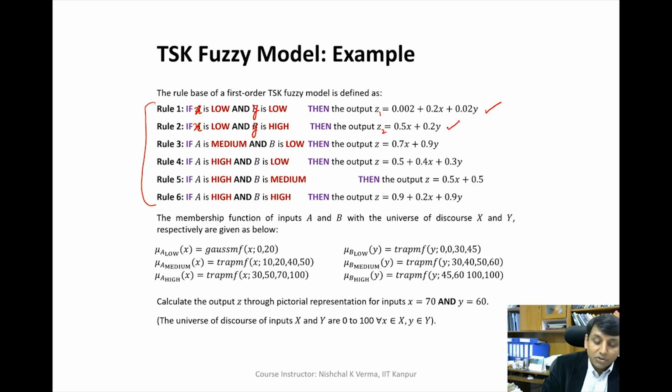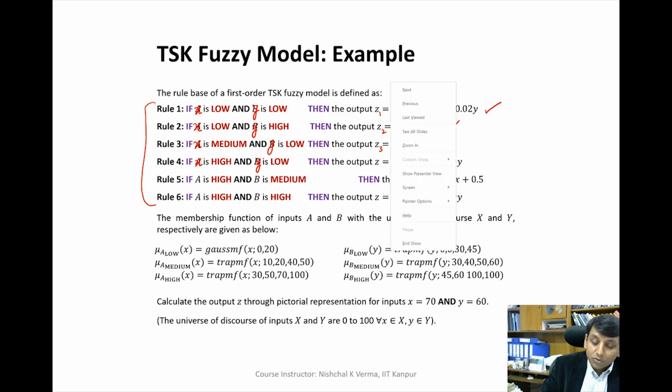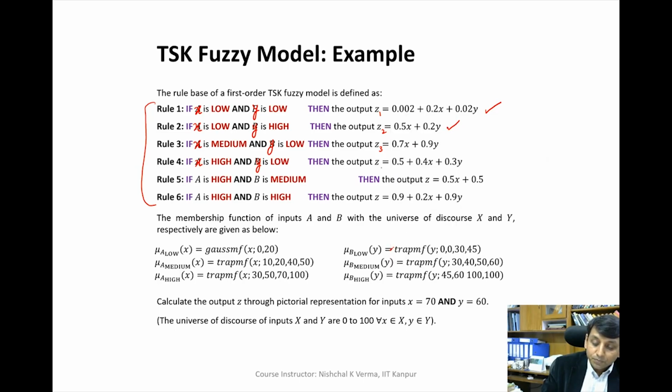given by this expression. Similarly, x is medium, y is low, and then this is Z3. For the fourth rule, x is high and y is low, then the output is Z4.